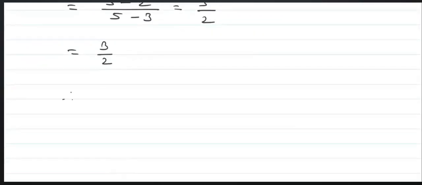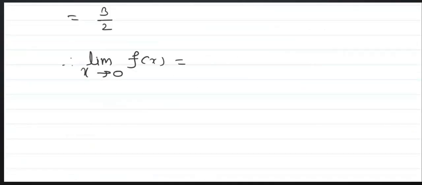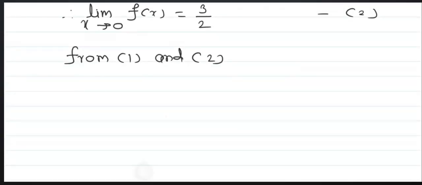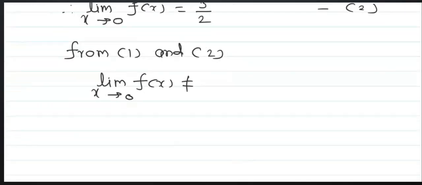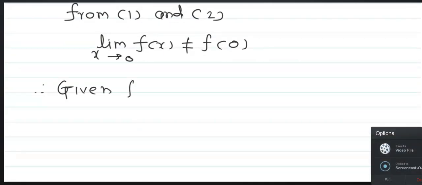Therefore, this is the limit x tends to 0 f of x is equals to 3 upon 2. This is number 2. Therefore, from 1 and 2, limit x tends to 0 f of x is not equals to f of 0. म्हणजे इथे काय तर रिमूवेबल डिसकंटिन्युटी येणार आपल्याला. म्हणजे आपल्याला काय करावं लागणार की त्याने जी व्हॅल्यू दिली होती फंक्शनची ते आपल्याला चेंज करावी लागणार इथे.